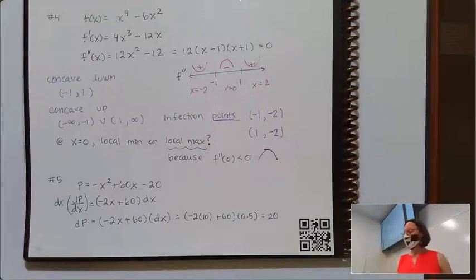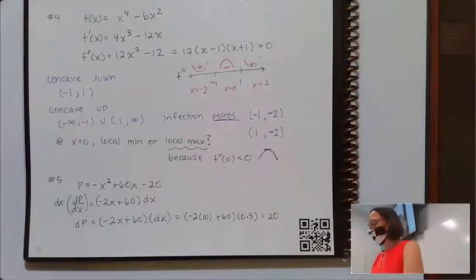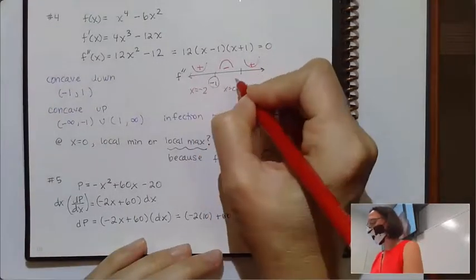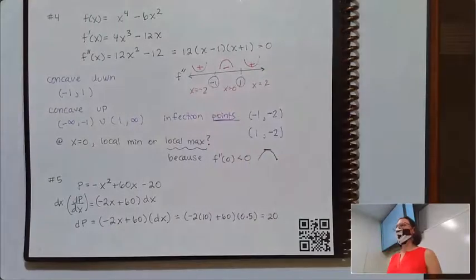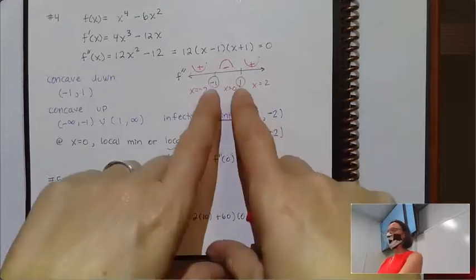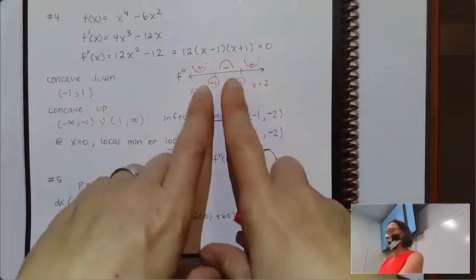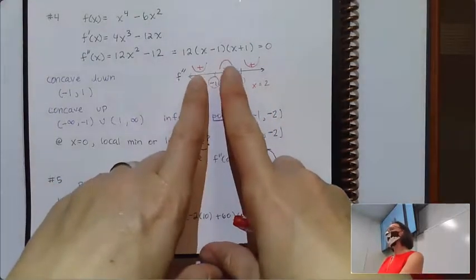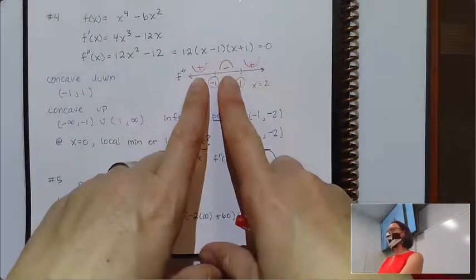Oh, so the negative 1 and 1 are coming from the places where my second derivative was equal to 0. Once I know where my second derivative is equal to 0, then I know that's potentially an inflection point. I have to check on either side of that. Did the concavity actually change?